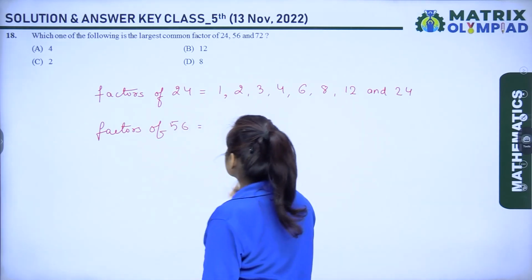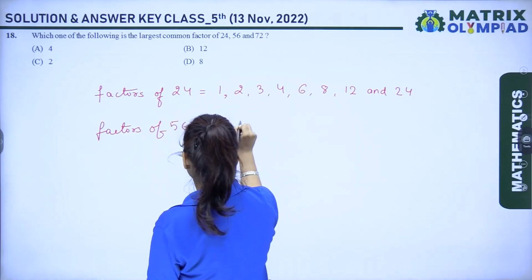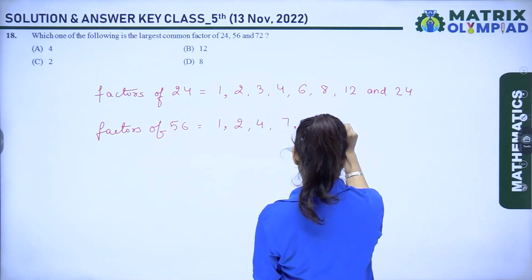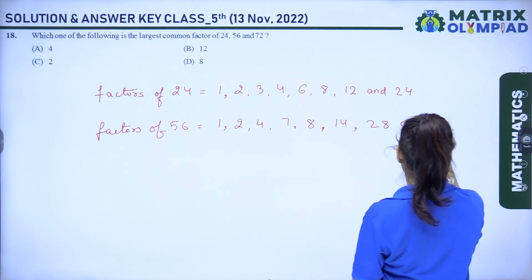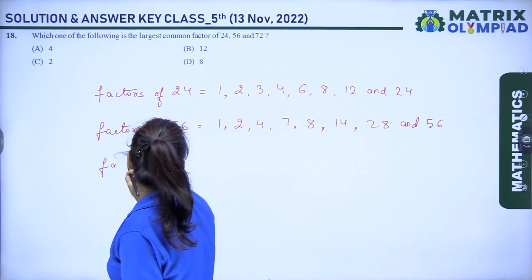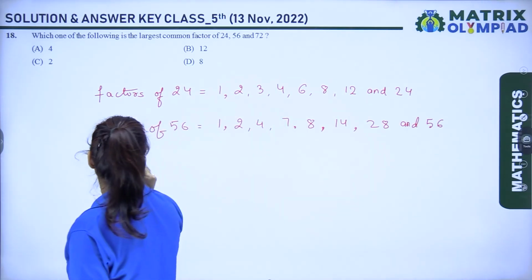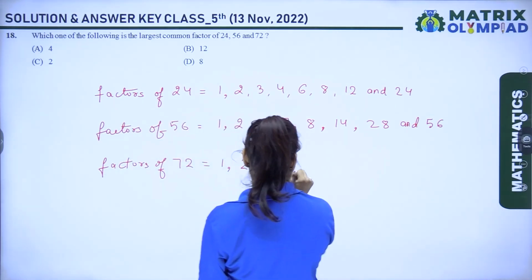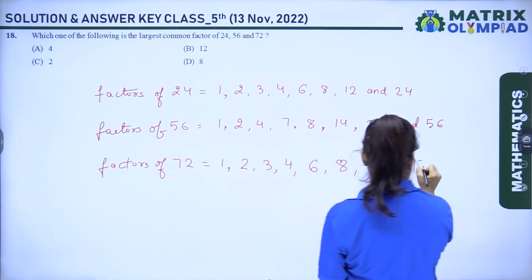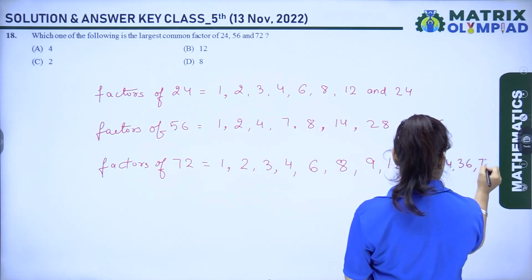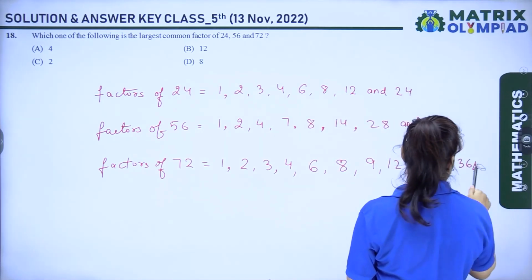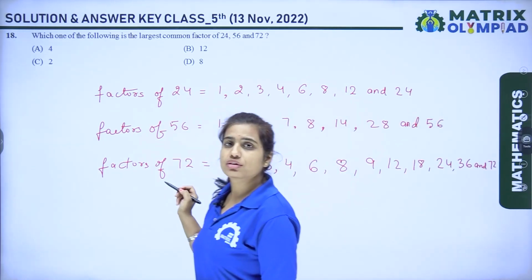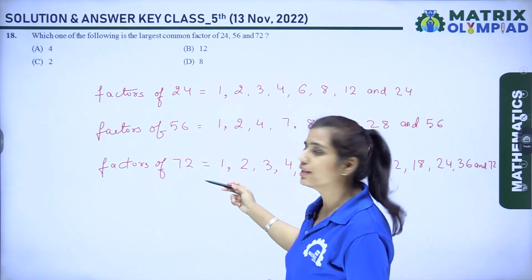Next factors of 56 are, next we have factors of 72. So these are the factors of 24, 56 and 72.